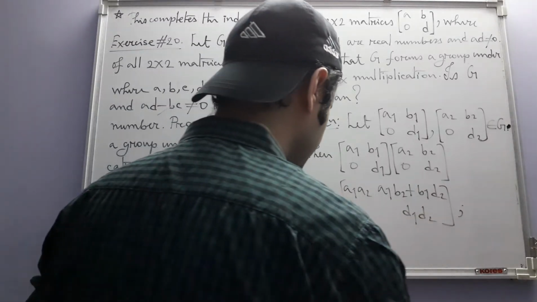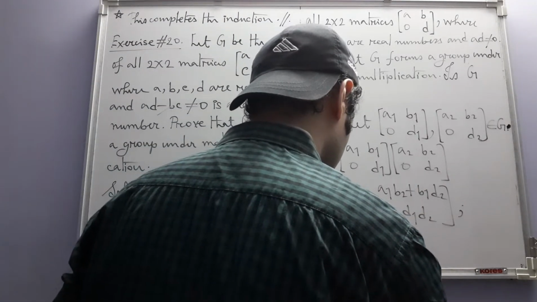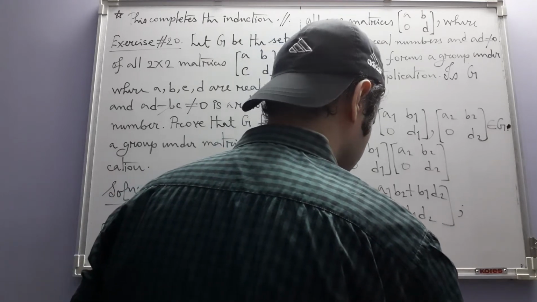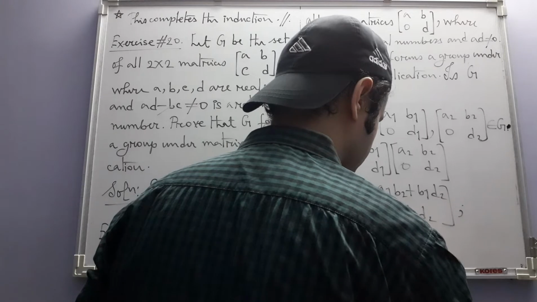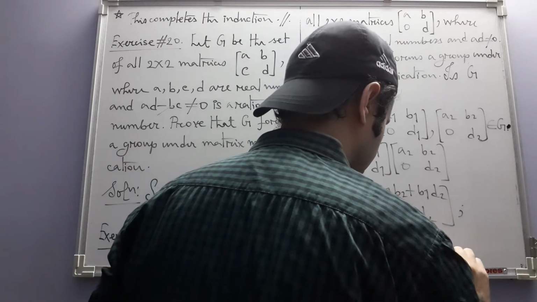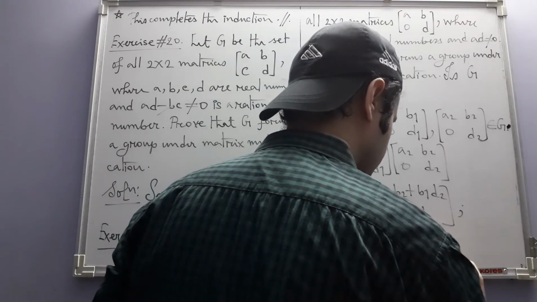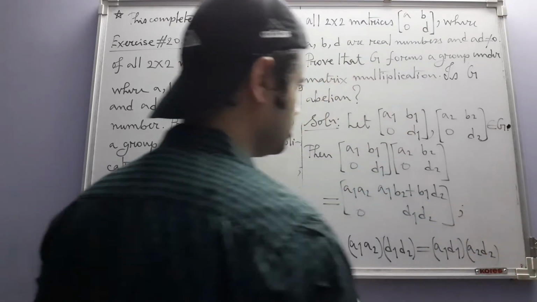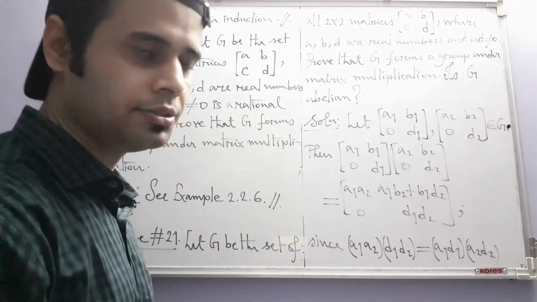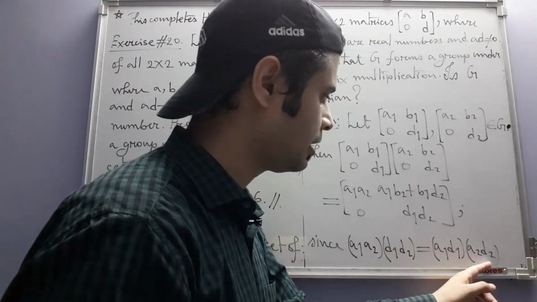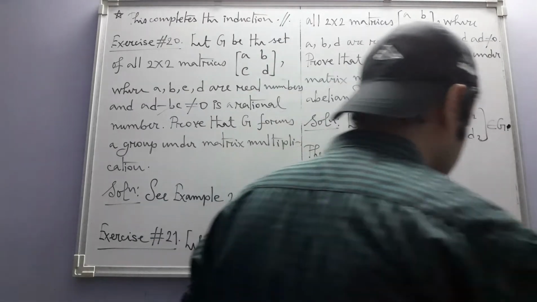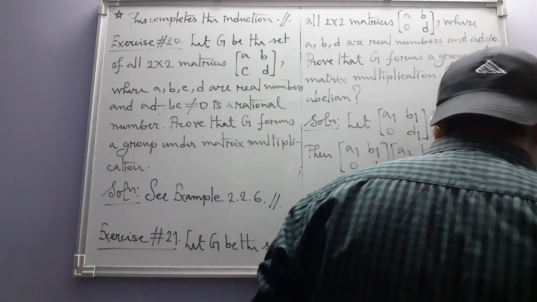So here the determinant is A1 A2 D1 D2. You can write this as A1 D1 times A2 D2. Since these matrices are in G, A1 D1 and A2 D2 are themselves non-zero, so their product is also non-zero.